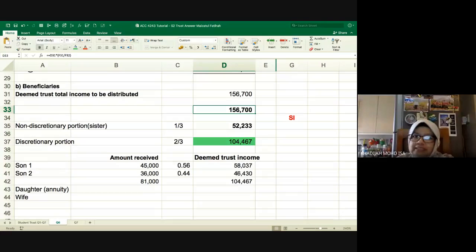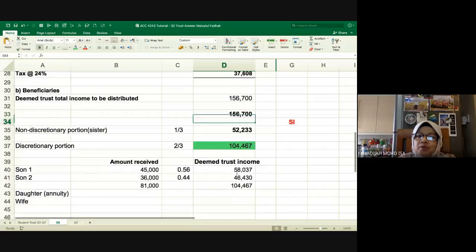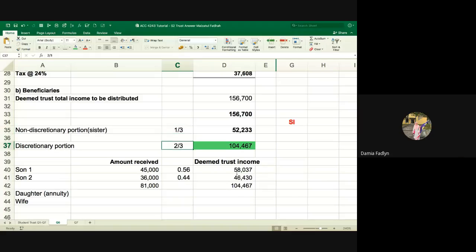Because the 156,700 is the total income. Right? Total income, you first divide 1/3 for the non-discretionary portion and 2/3 for the discretionary portion.